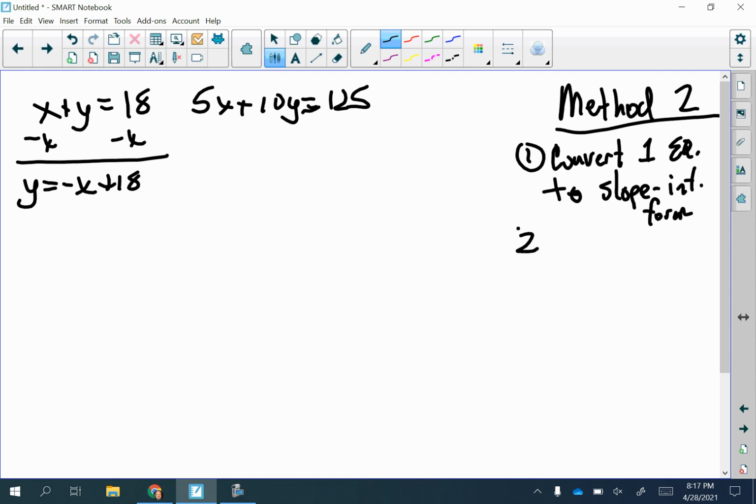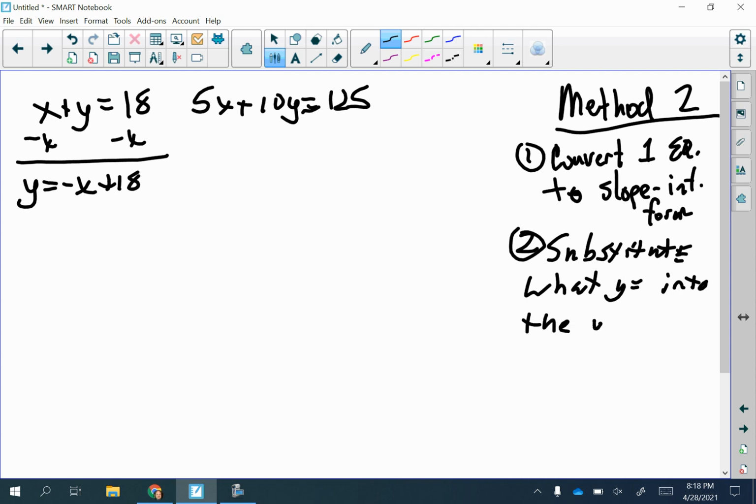And now the second part is you can substitute what y equals into the y of the other equation, the equation you didn't touch.